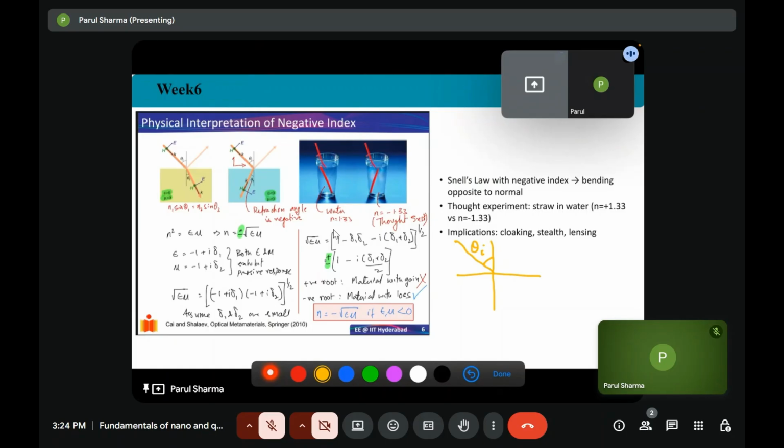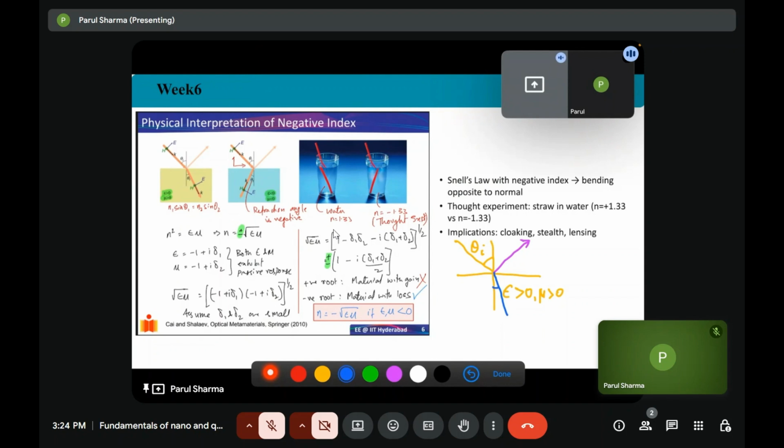We have the theta incident, and we have the medium where epsilon is greater than 0, mu is greater than 0. So some part of the light will reflect, and some part of light will transmit.